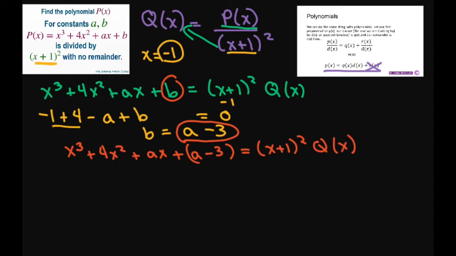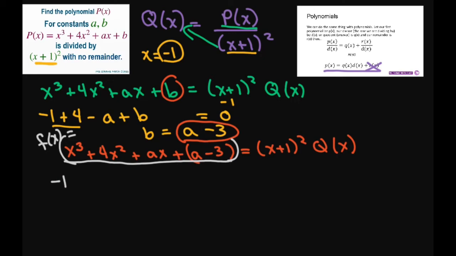Now I'm going to let f of x equal this part here. I'm kind of squeezing it in here so you can see it all together. And what we're going to do is use synthetic division to get this down a little bit.